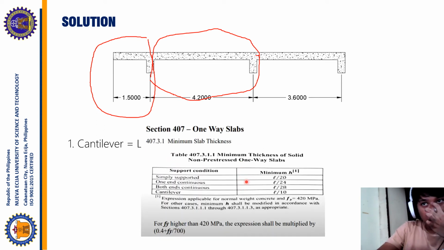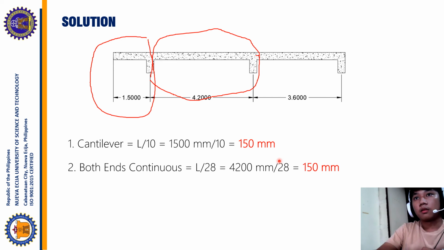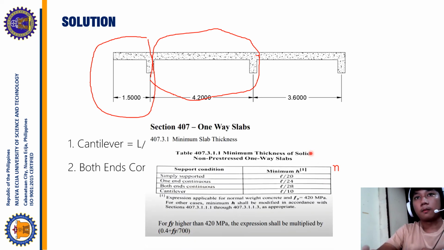So from the NSCP, the minimum thickness for both ends continuous is L over 28. So therefore, we will also have a value of 150 millimeters. So the 4.2 converted into millimeters should still be equal to 150 millimeters.